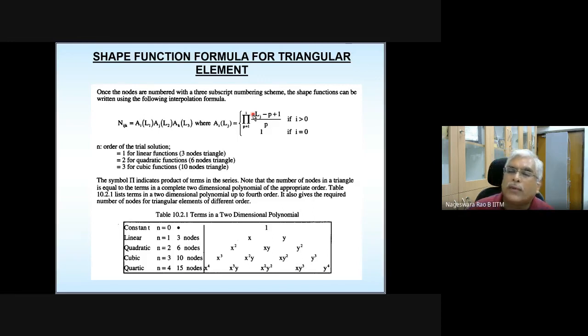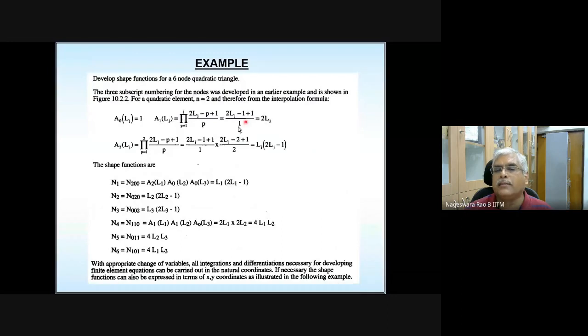So now you got L1, L2, L3 for 6 node triangular element. After doing that normalization, now you can apply this formula and see the expressions, how they look like. So that details I will show you just after this. Okay. So those details are here.